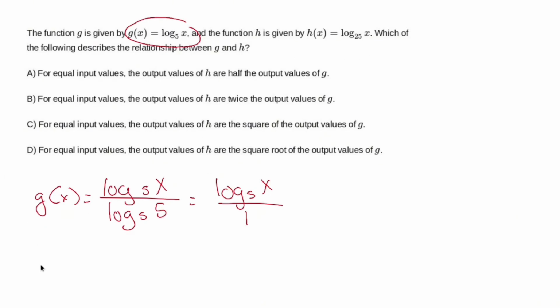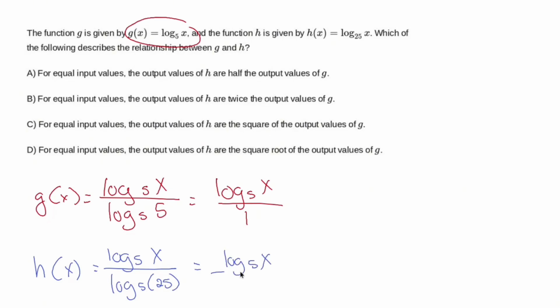But again, go with me here, and maybe by doing it this way, it helps us understand what answers like this from here on out will be. H of x, if I continue with the log base 5 trend, would be log base 5 of x over log base 5 of 25. Now, log base 5 of 25 is log base 5 of 5 squared.